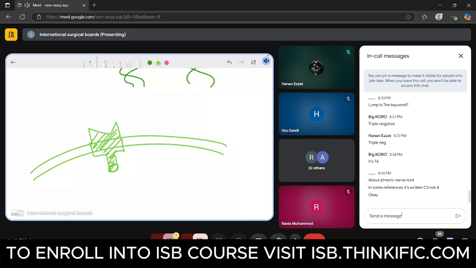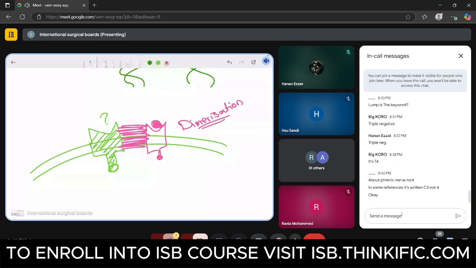HER2 receptor itself doesn't have any ligand that attaches to it. But what happens really is that there is another receptor of the same family that has a ligand, right? This other receptor which has a ligand will attach to the HER2 receptor and activate it. This is called dimerization.